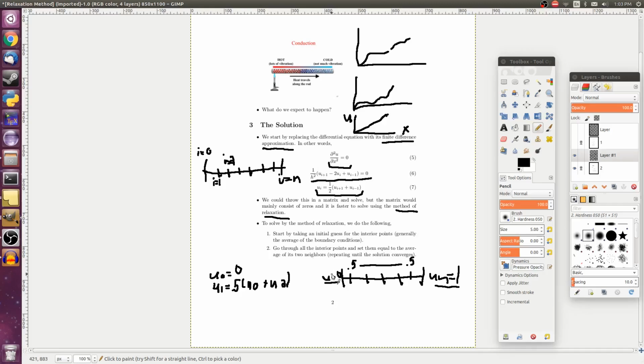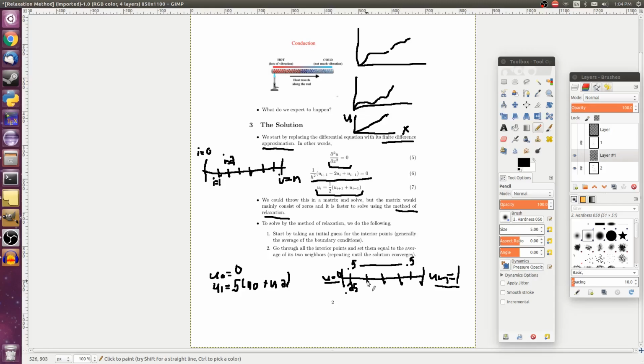And then what you do is you sweep through all these interior points and set them equal to the average of their neighbors. So to start off this algorithm, you would start right here, and you would say, alright, this position right here is going to be the average of this one and this one right here. So in other words, it gets updated to 0.25. Now this one is going to do the same.